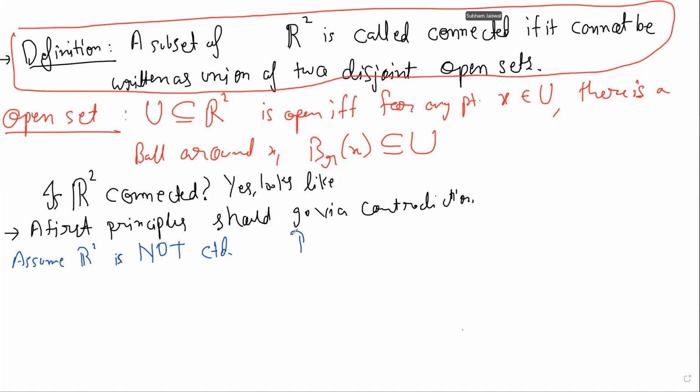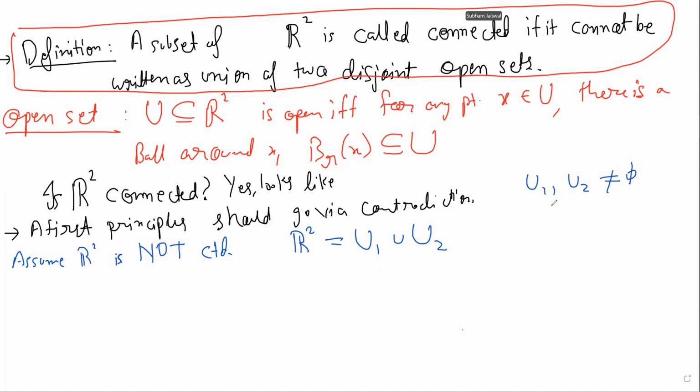It means that R2 can be broken up into two open sets, U1 union U2, obviously non-empty and disjoint, right? U1 and U2 are non-empty, obviously. If you make one of them empty, then just take R2 itself as one thing. R2 itself is open in R2, obviously.